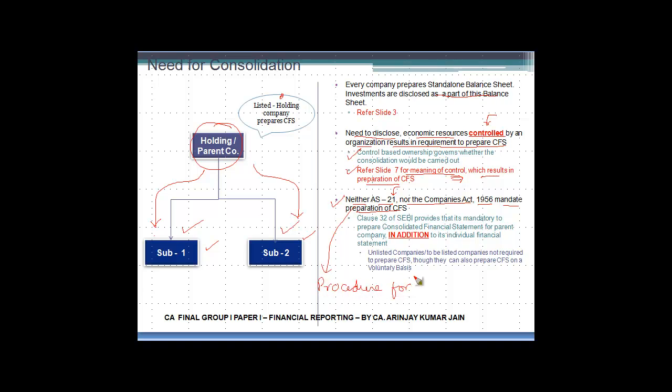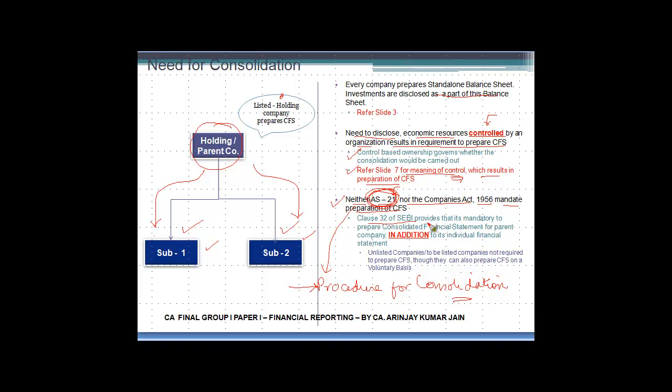So let's say you are a company which is required to prepare consolidated financial statements, then the procedure that you have to follow is what is given in Accounting Standard 21. Accounting Standard 21 nowhere says that this company has to prepare, that company has to prepare, and so on.